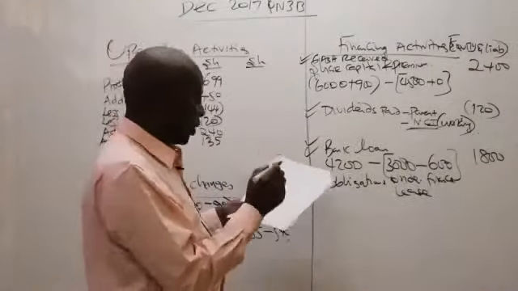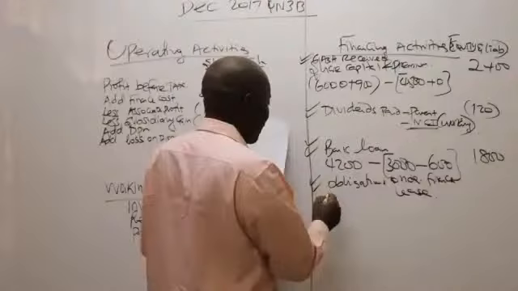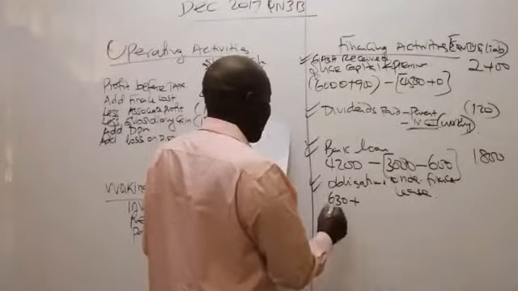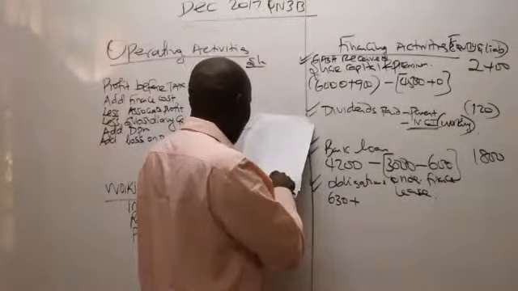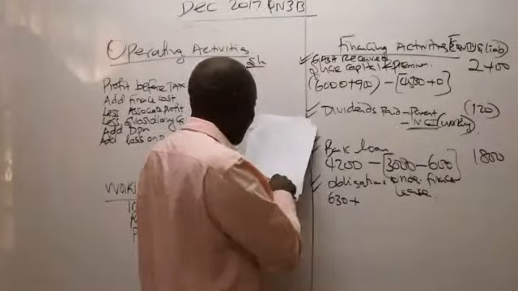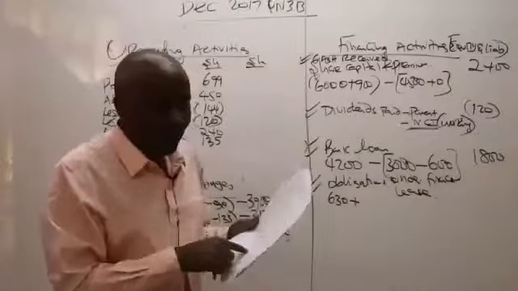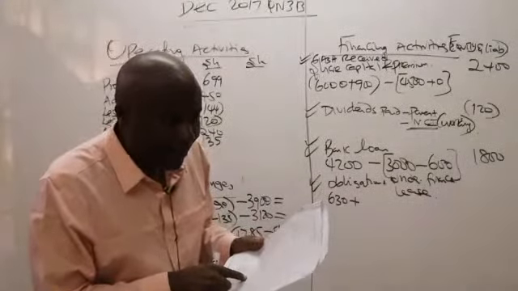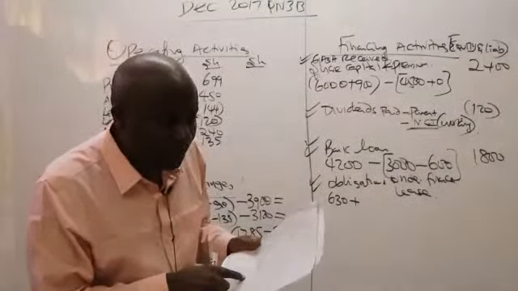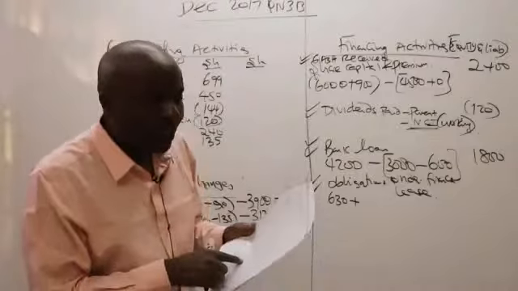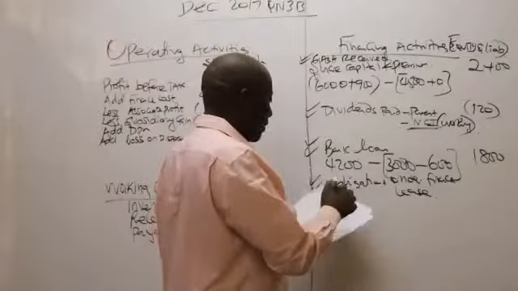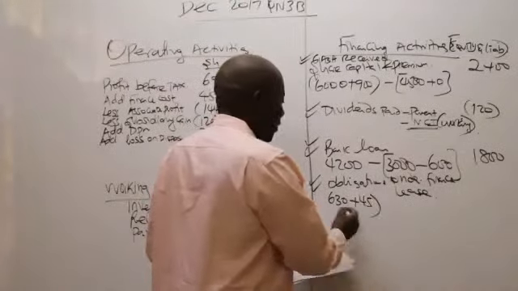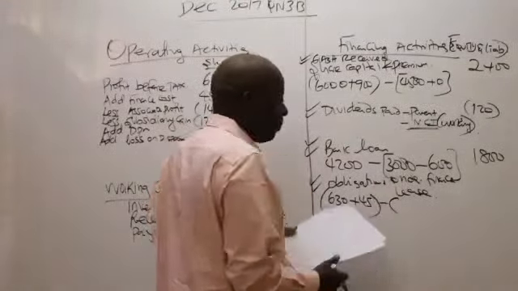Remember we start with closing. So I see 630 plus the one under current. Under current I can see, is it 45? The current one. Minus opening.